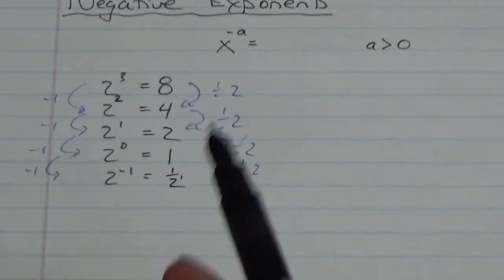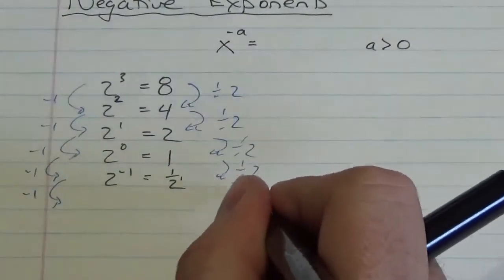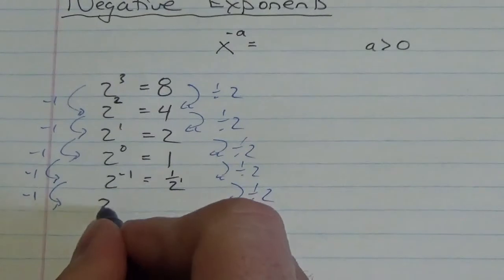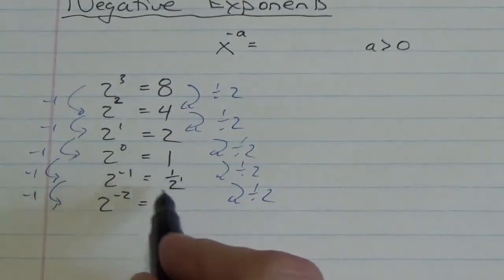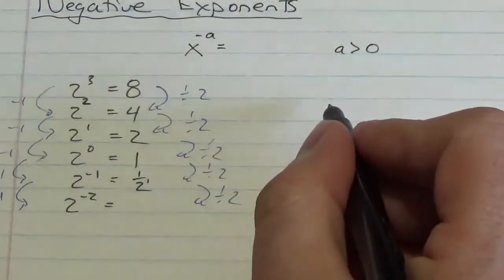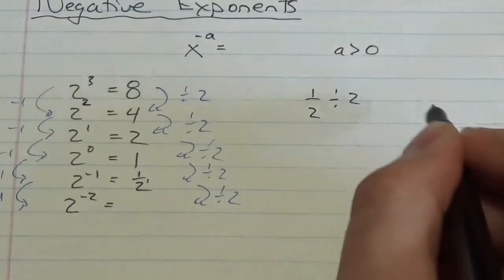And now we can keep going. If I subtract 1 from the exponent, I'm going to divide again by 2. Now, some people don't particularly like where this goes, but I'll show you. So 2 to the negative 2. And now I'm going to take 1/2 and divide it by 2. I know some people don't like working with fractions, so I'm just going to go over here and do it. So I've got 1/2 and I want to divide this by 2.